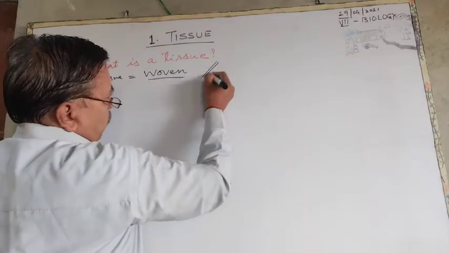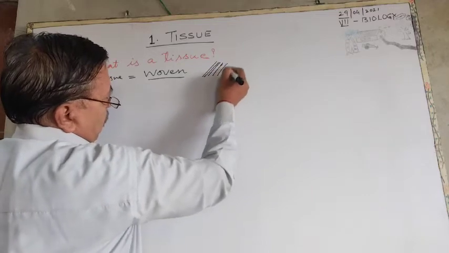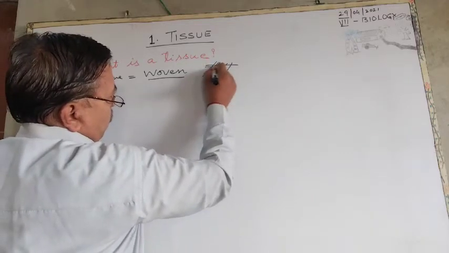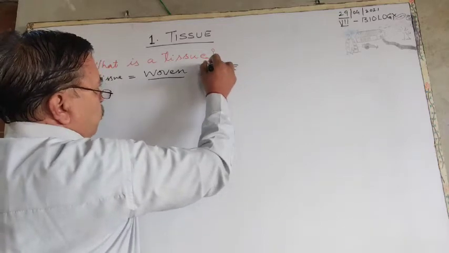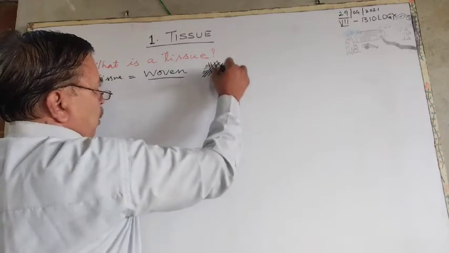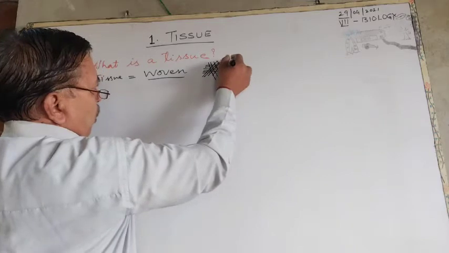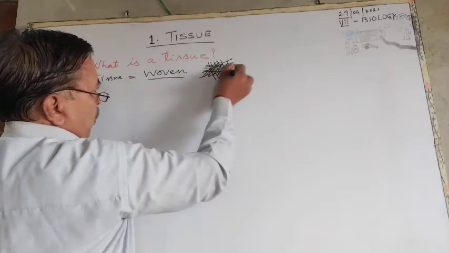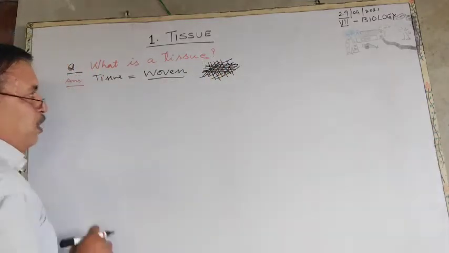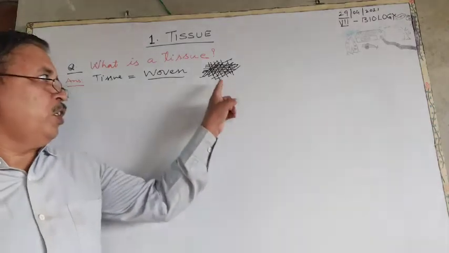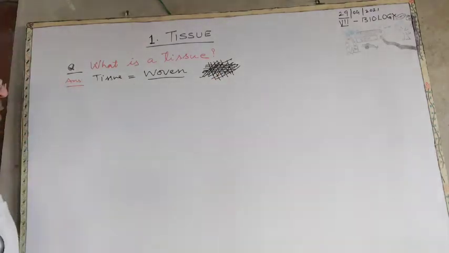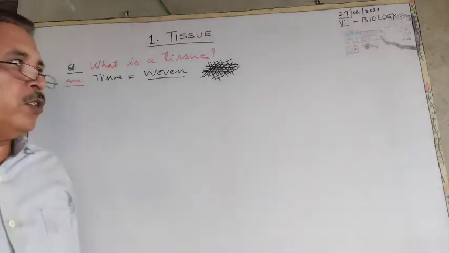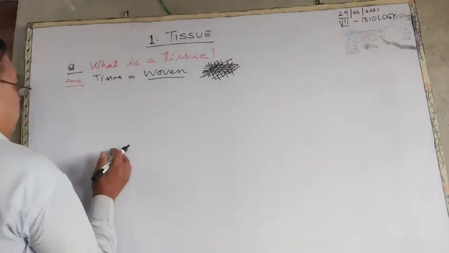One thread comes this way, another comes this way, another this way, another this way. Now you have a structure here that is a woven structure, right? Similarly, in case of plants, what is a tissue?